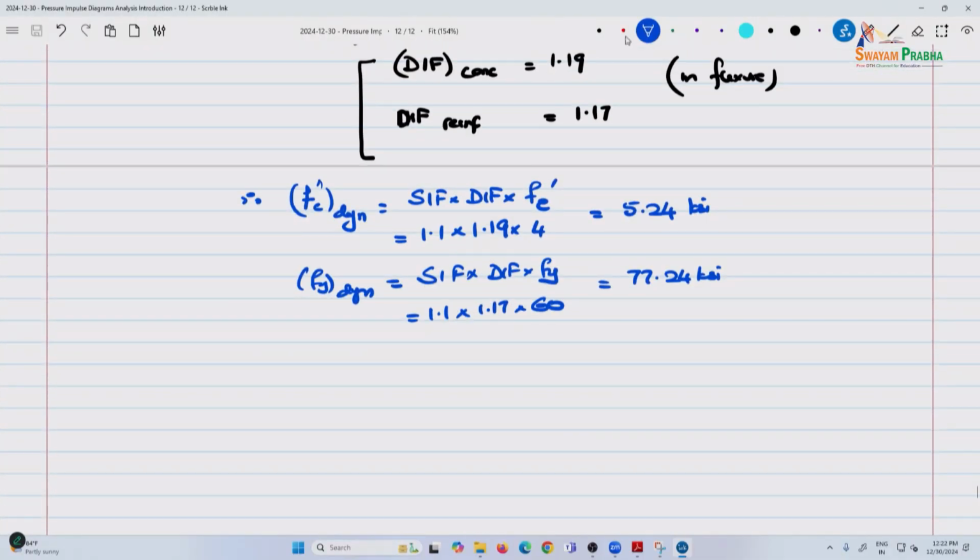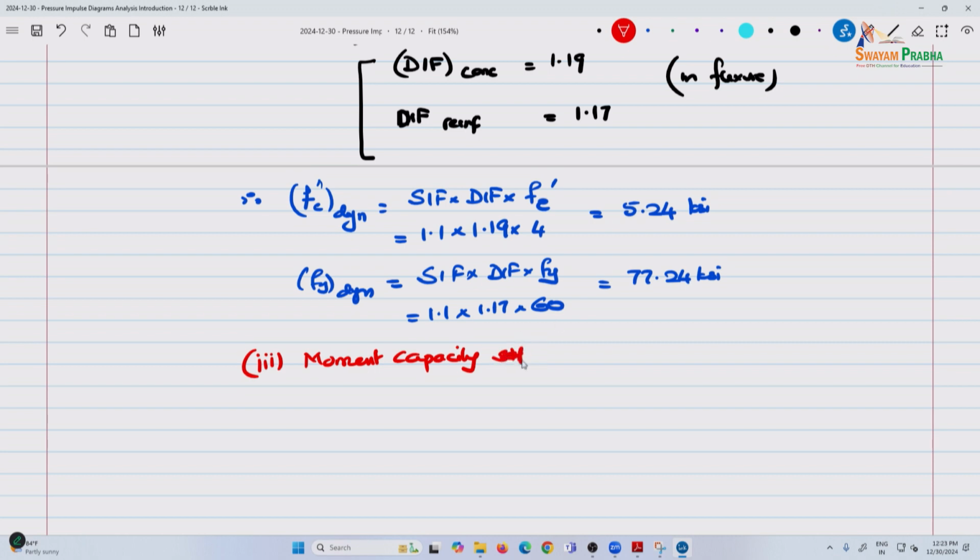Then, once we have the strength increase factors, for the moment capacity of the section, if you are from other branches of engineering, or if you have forgotten, you can use these expressions if we have a tutorial.